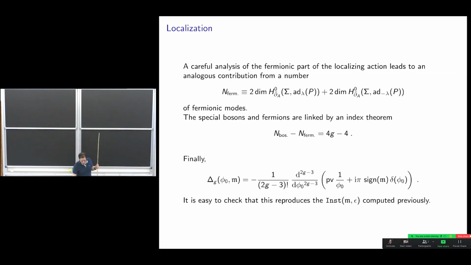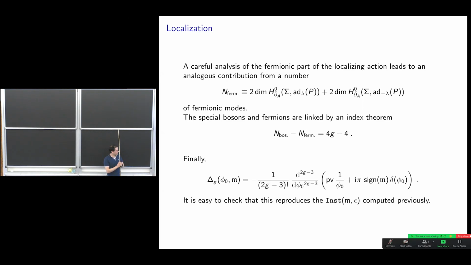So if you combine both the bosonic contribution and the fermionic contribution, you find the correct result for the one-loop determinant, which, first of all, as we said, is a distribution. It has to be understood in terms of a distribution to get a sensible answer.